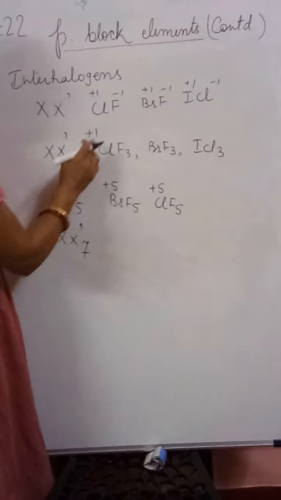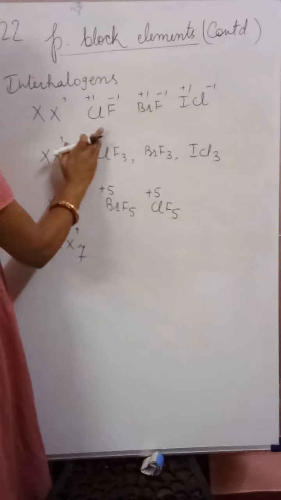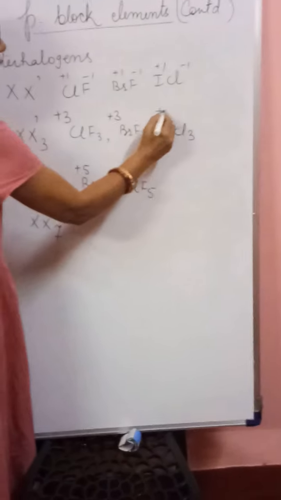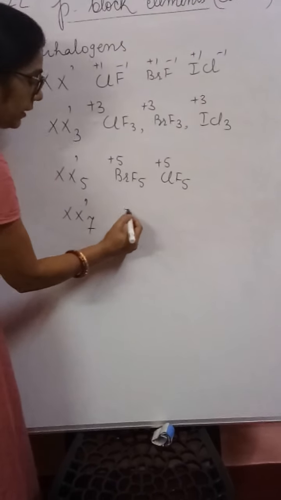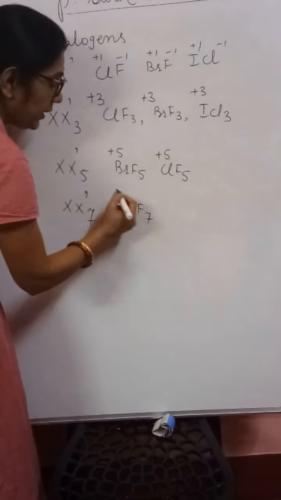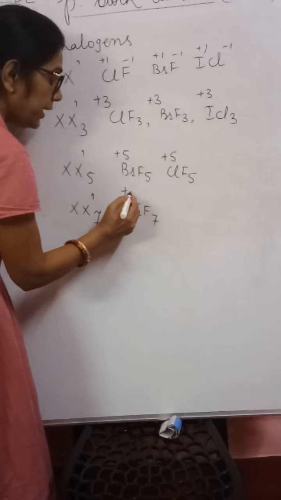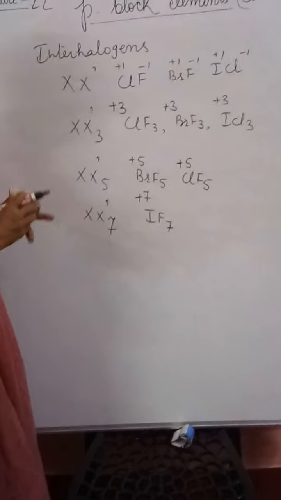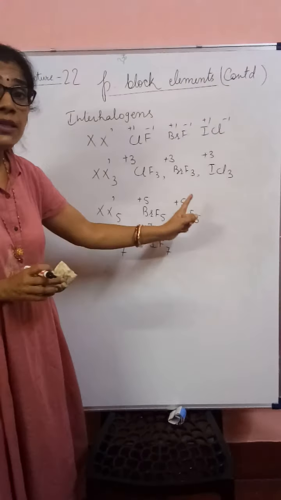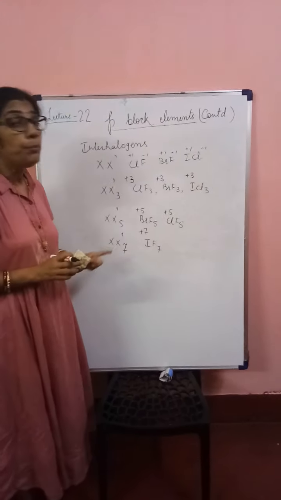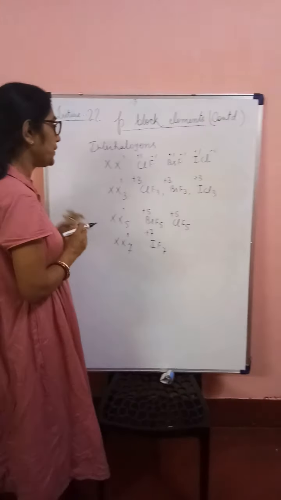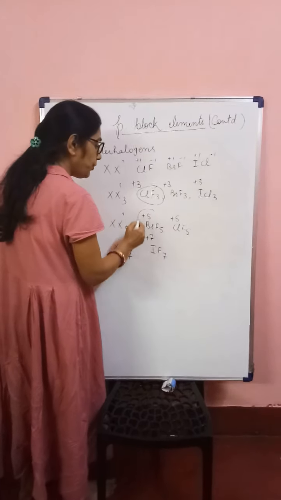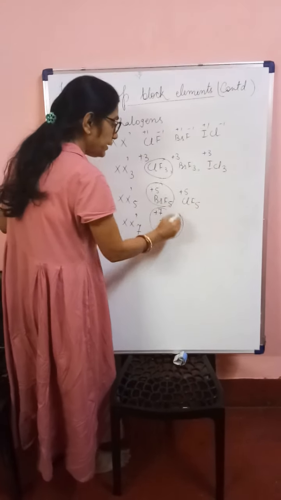In the XX'3 case, chlorine will be in +3 oxidation state, here bromine +3, iodine +3. Similarly IF7, iodine heptafluoride, shows +7 oxidation state. The shape of these interhalogens is very important along with their hybridization, and I'll show you the examples ClF3, BrF5 and IF7.